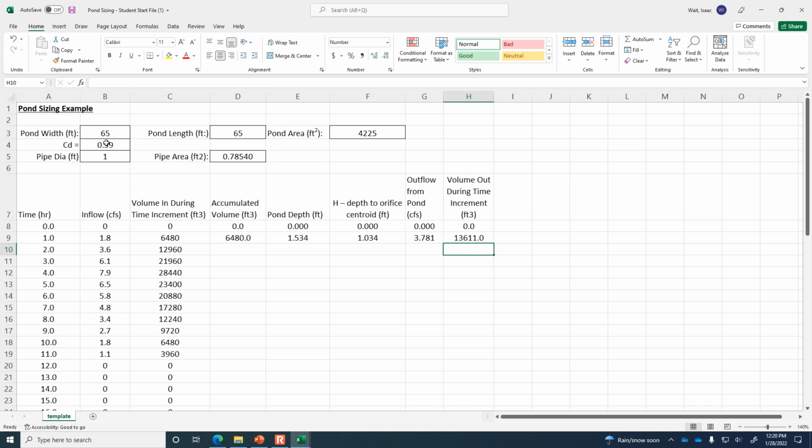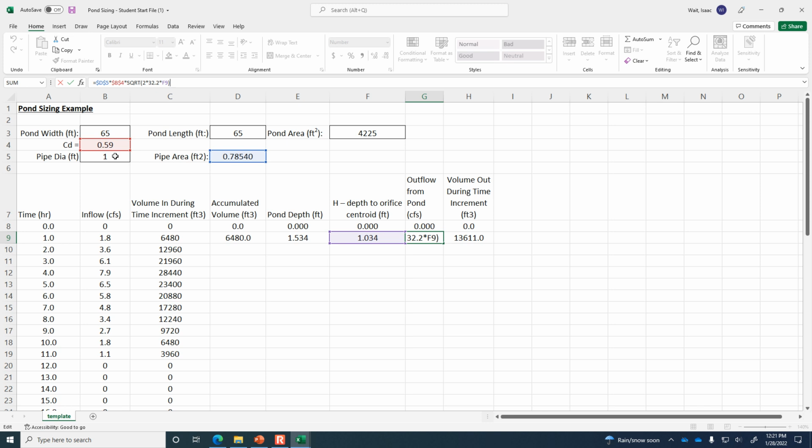Something's wrong. There's got to be a mistake here. Because we can't have more flowing out than there is in the pond itself. You know how I said let's start with a 1 foot diameter?